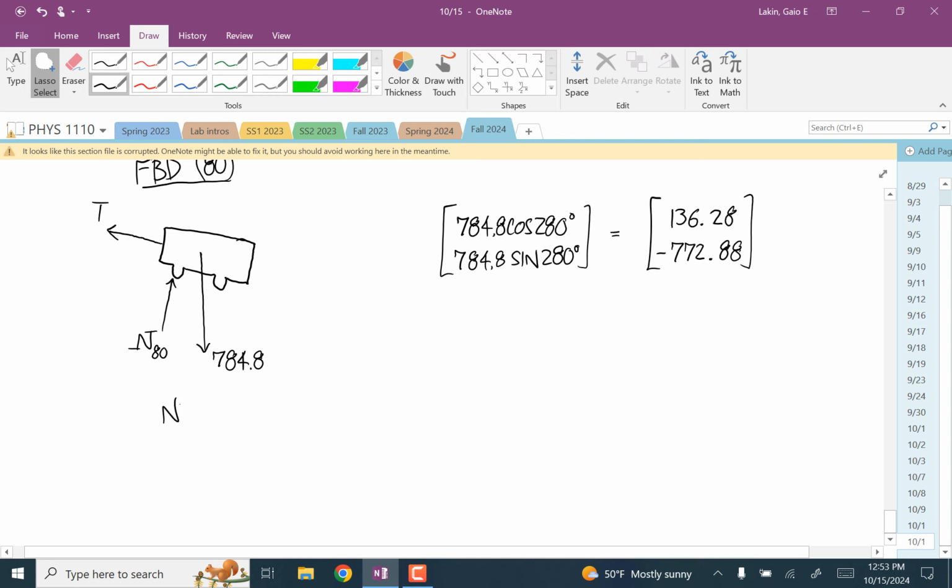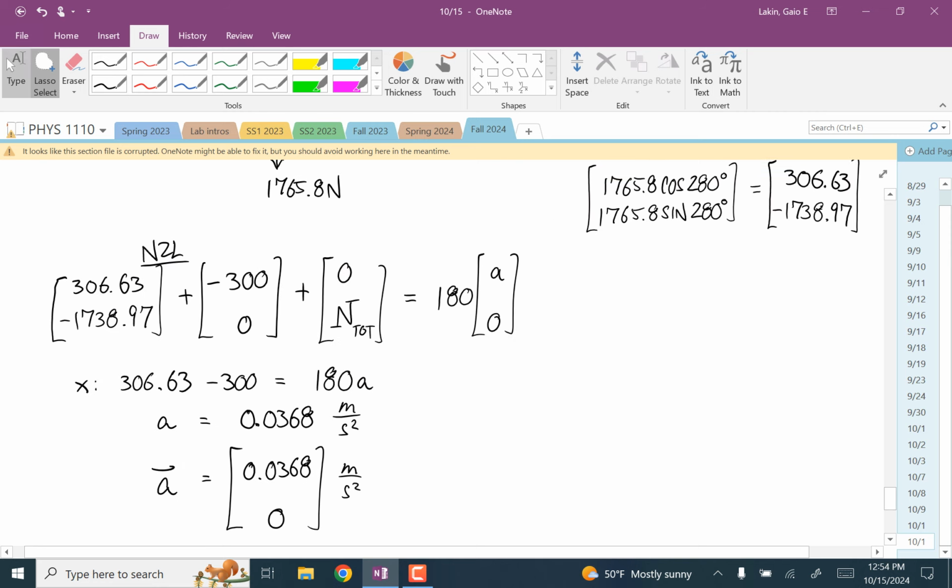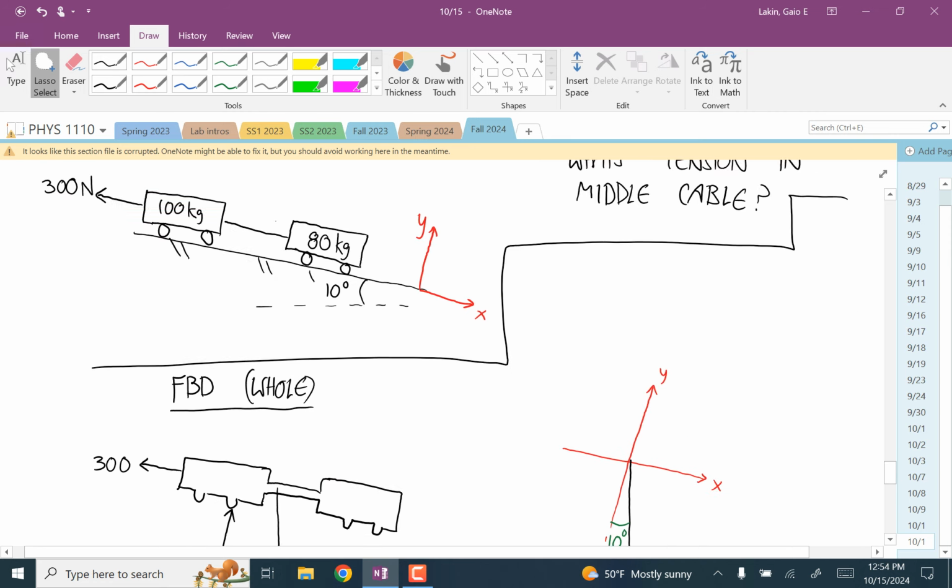And now Newton's second law. So we have 136.28, negative 772.88. That T is in the negative x direction, if you look at our coordinate system.